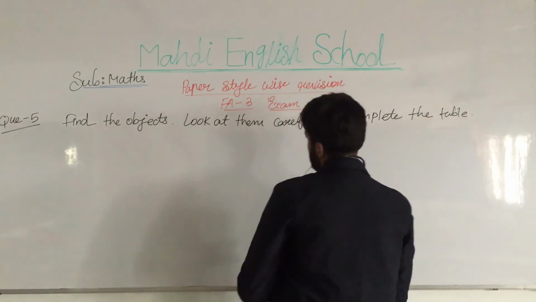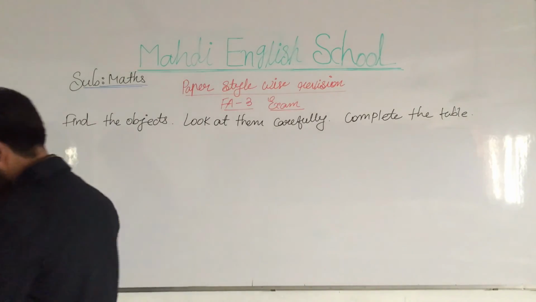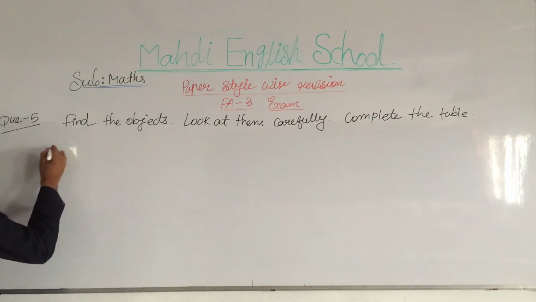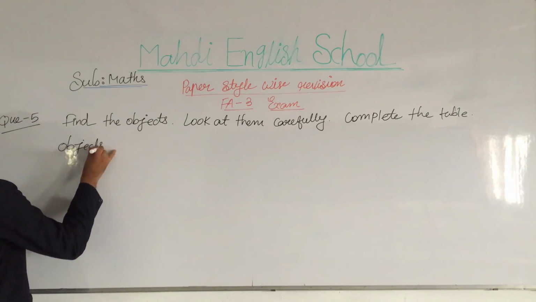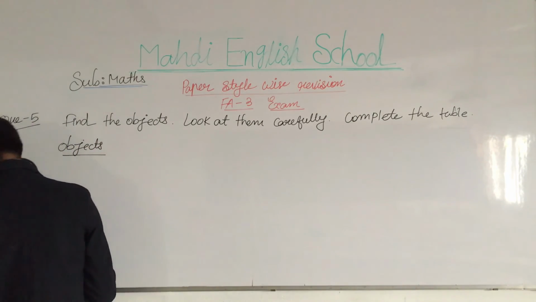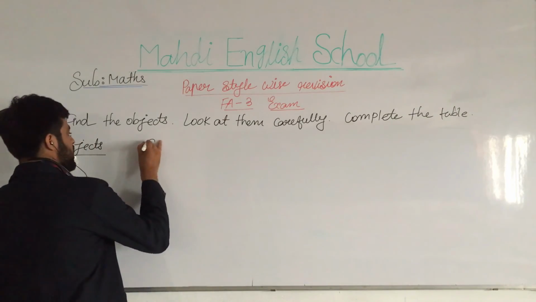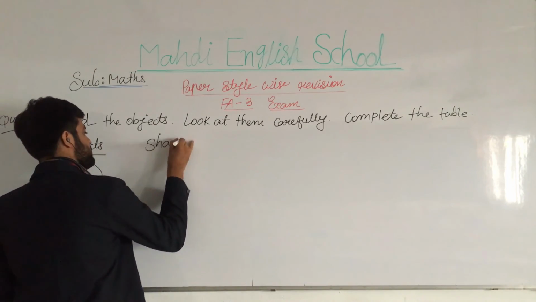What I am telling you here is that we have to write the objects first. Then what do we have to write? The shape, the name of the shape.